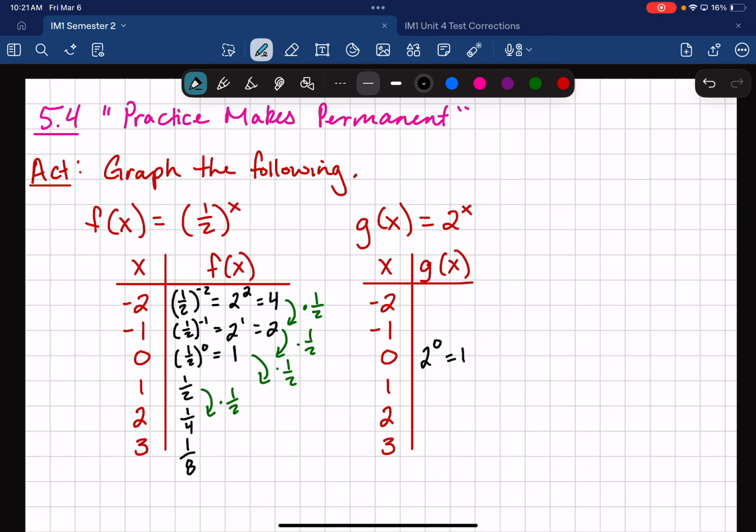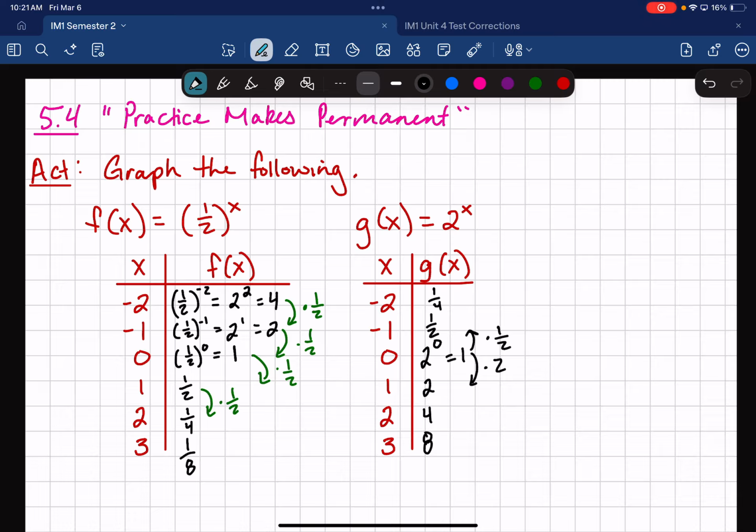Then going forward, what is 1 times 2? 2, 4, 8. Going backwards, I multiply by 1/2. What's half of 1? 1/2, 1/4.